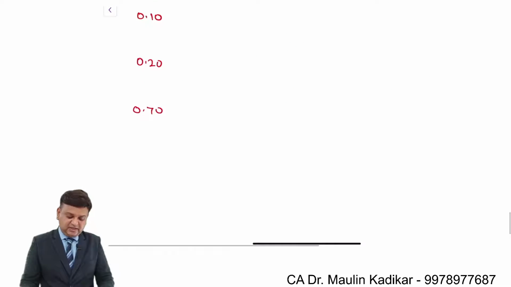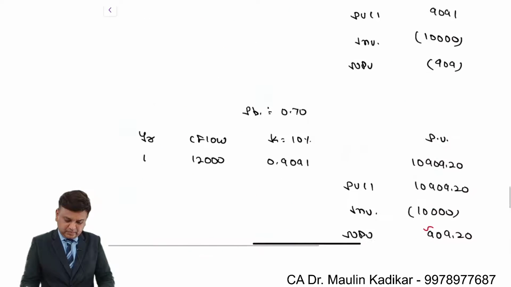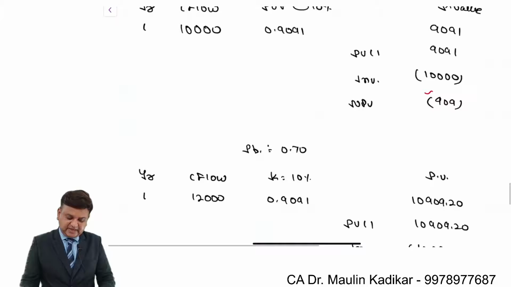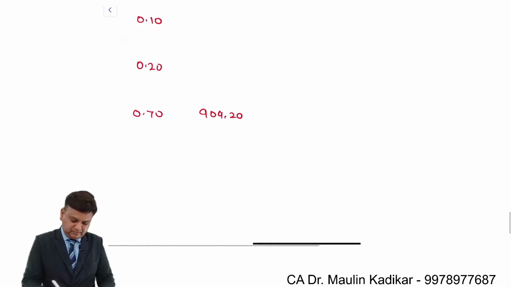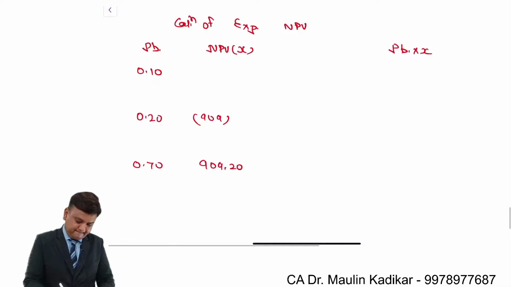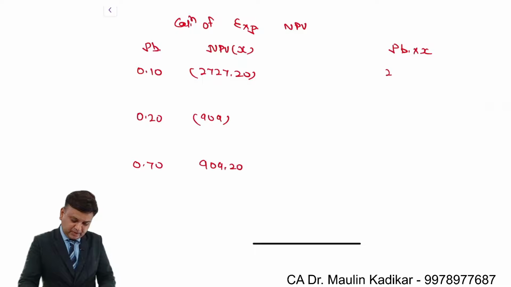The NPV is 909.20 over here, it is 909 negative, and over here 2727.20 negative. So probability into NPV: 272.72 negative.